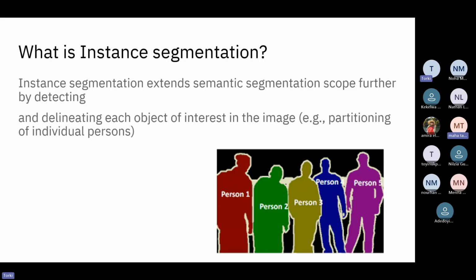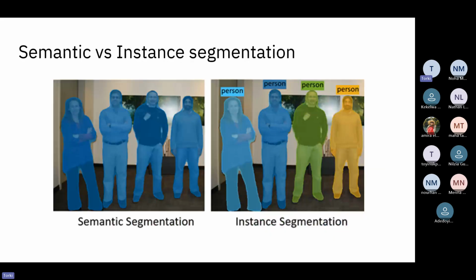So let us put them in the same image, because the contrast will make things clearer. Here we have an image with 4 persons. If it is a semantic segmentation task, then you will color every person as a blue mask. This is only one color code for the whole class.